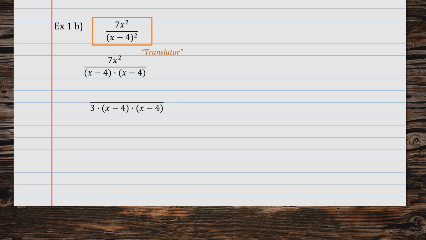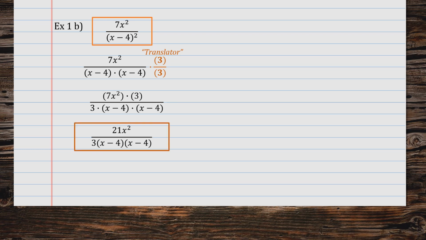Well, the translator, or the piece that it's missing, is the 3. So we need to multiply the top and the bottom both by 3. Well, that means in the top we now have 7x squared times 3, which we know gives us 21x squared all over 3 times x minus 4 times x minus 4. These are equivalent fractions, meaning they're the same thing, they just look different.